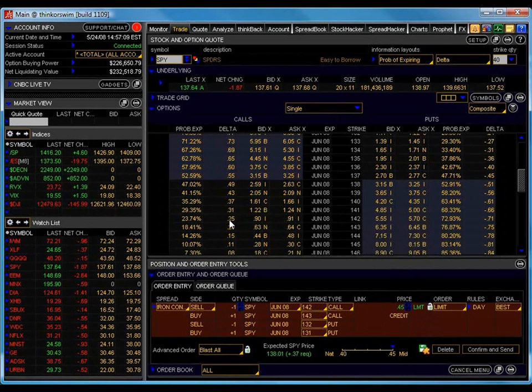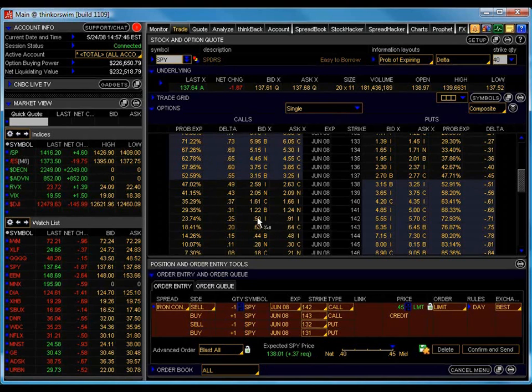The delta will help prevent us from increasing the value of this option dramatically if the SPY goes against us and moves towards our position, but it's also very close to the actual probability that this option is going to expire. The probability that it will expire is 23.74% in the money. That probability of expiring is actually the probability of expiring in the money. There's only a 24% chance that it will ever be in the money.